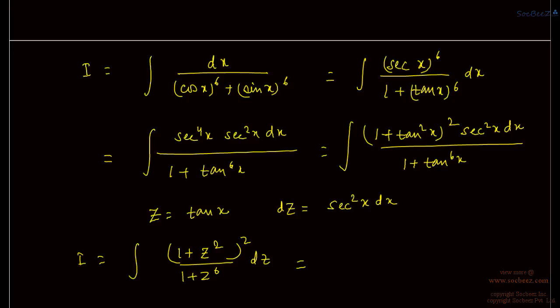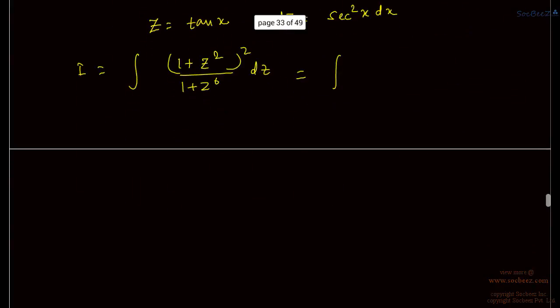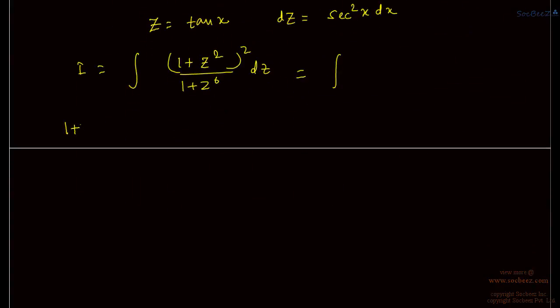If we expand this term, 1 plus z to the power 6 can be written as 1 plus z cube whole square, or we can write it as 1 plus z square whole cube.